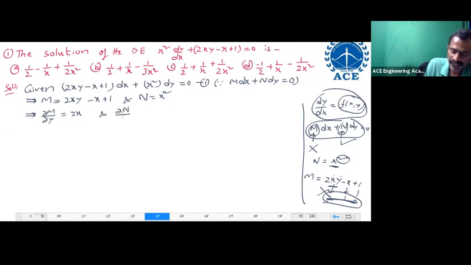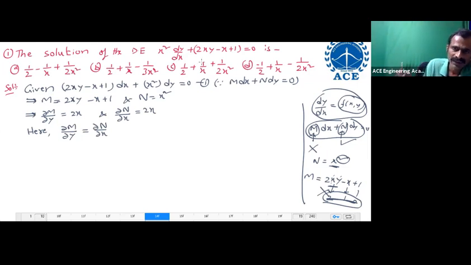And dou N by dou x equal to 2x. Are these two same or not? Check it. Here these two are same. Here dou M by dou y equal to dou N by dou x. The exactness condition of the exact differential equation is satisfied for the given equation.